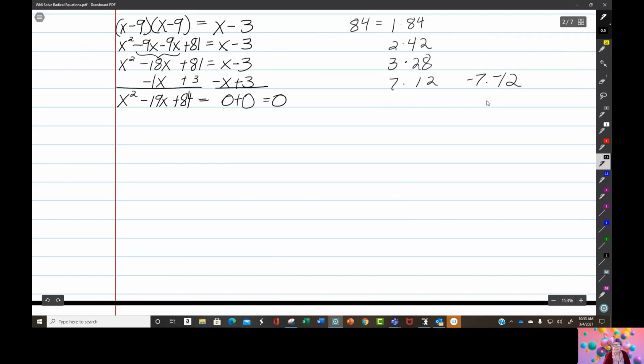See, we always knew it. Negative 7 plus negative 12 is negative 19. All right, cool beans. Boom, boom, boom, boom equals 0. So x and minus 7 and minus 12.